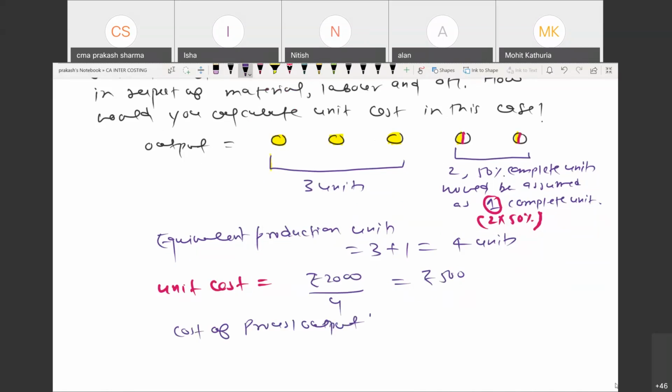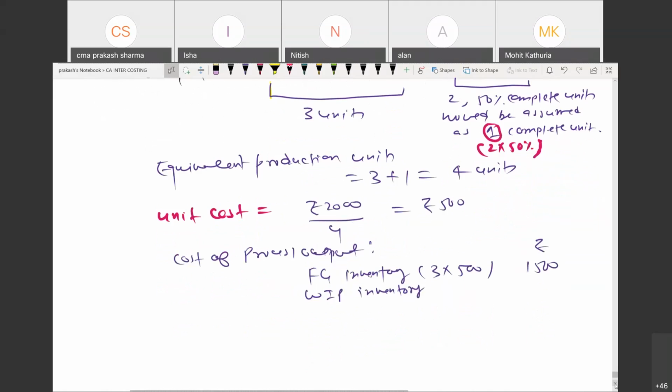How would you verify the cost of your process output? So you would say finished goods inventory, or finished good output, would be 3 into 500, 1500. And work in progress inventory. Work in progress means those inventory on which work is still to be done, which are incomplete.